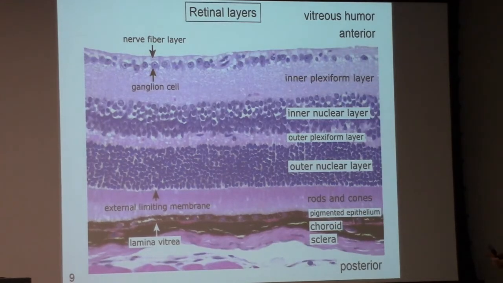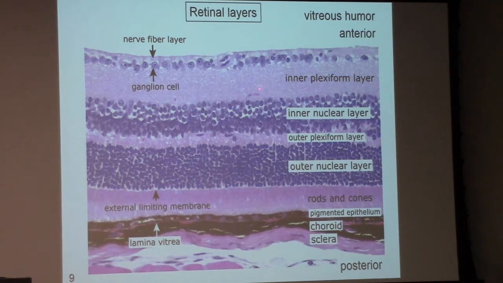Here is a micrograph of a human retina going through. So let's get oriented. Here is the front of the eye. Here's the vitreous humor, the anterior surface of the retina. Here are the ganglion cells. We're seeing their cell bodies. We're not seeing their axons. Here is the layer called the plexiform layer. I'm not going to hold you to any of this nomenclature.